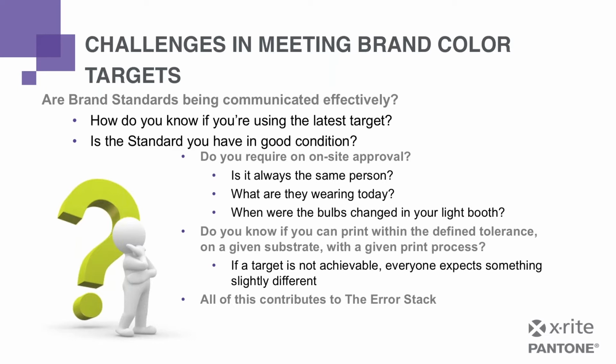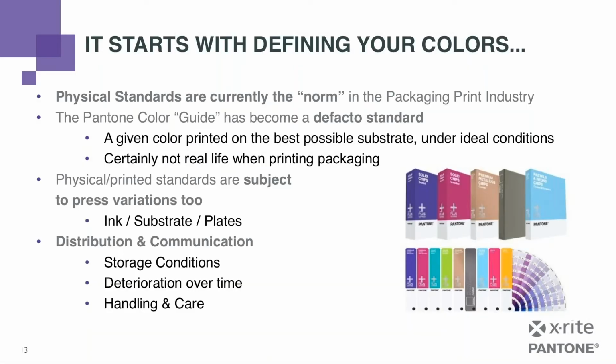There's also the notion of, when you're trying to print a color, do you have a defined tolerance on a given substrate in a given print process? If the target's not achievable, what can happen is everyone makes it slightly differently. And all of these factors contribute to something we refer to as the error stack. I'll go into a little more detail on that in a moment.